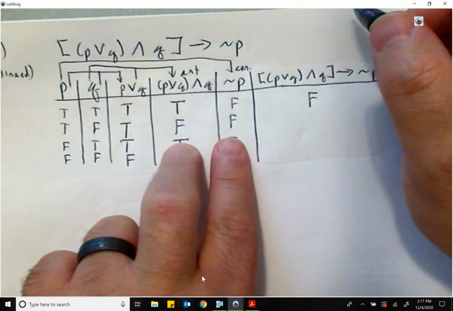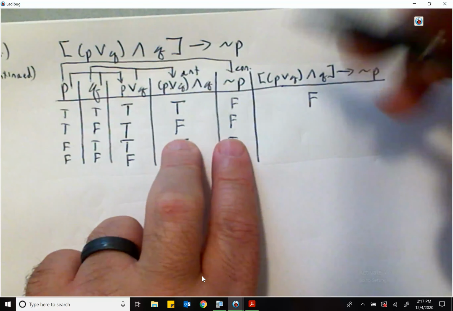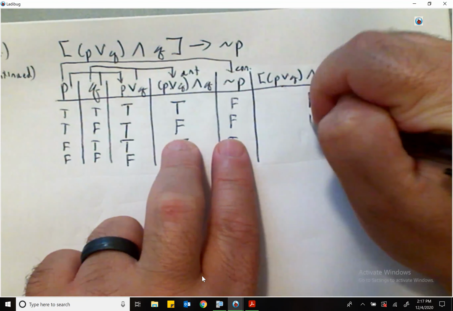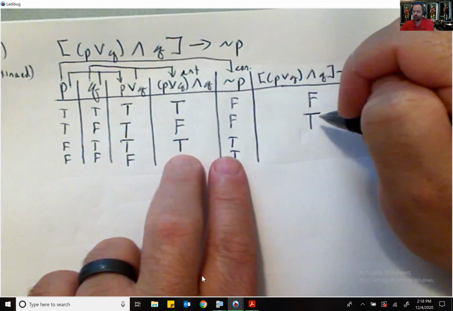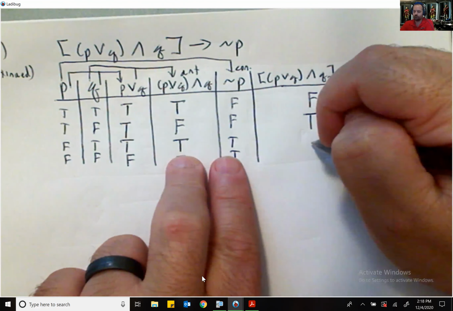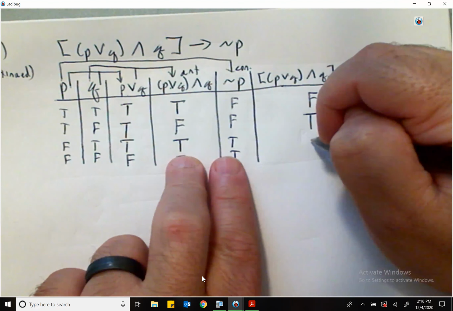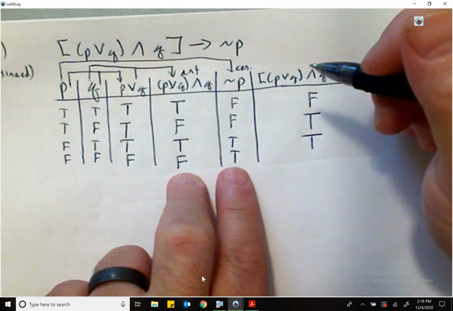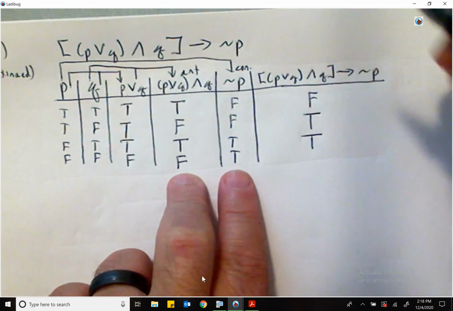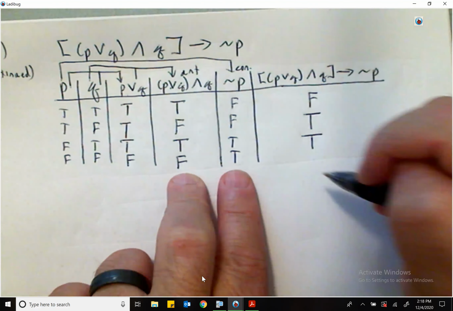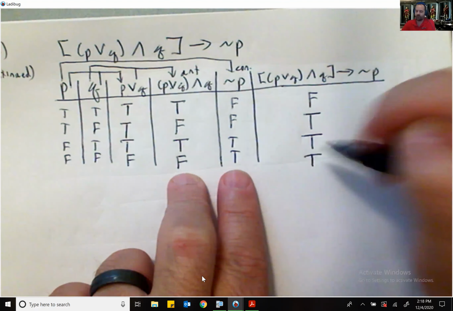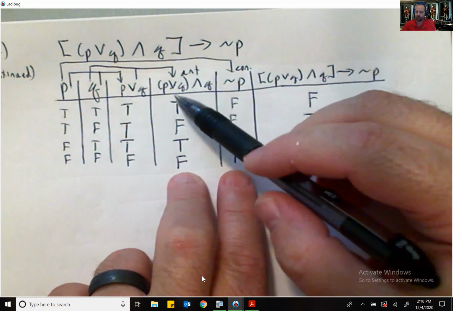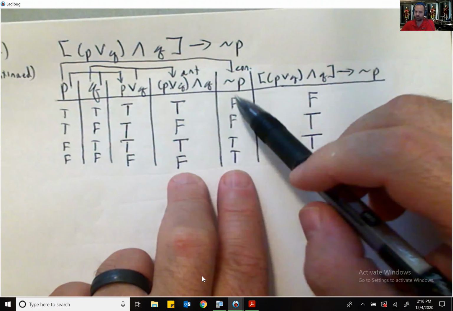It's okay. False, false. True. True, true. True, true is true. Oh, I'm just kidding. False, true. True. There's only one false case for a conditional, when your antecedent is true and the consequent is false.